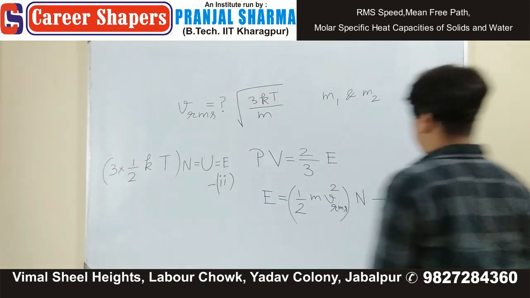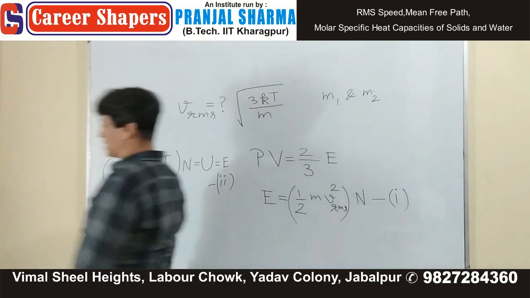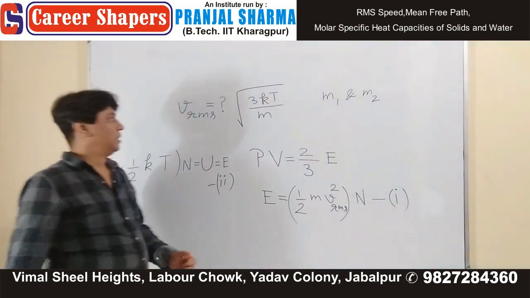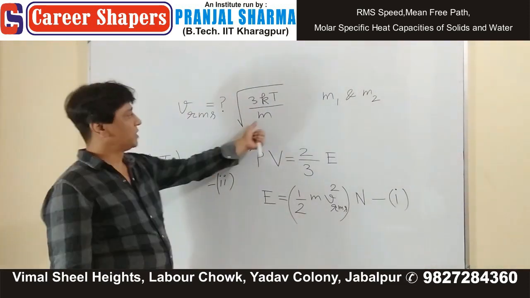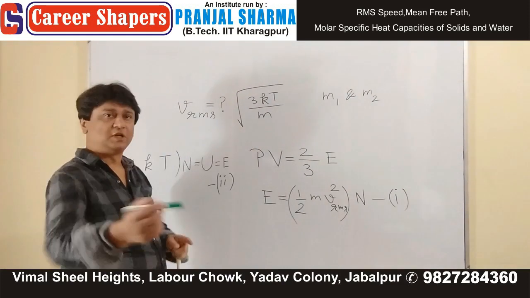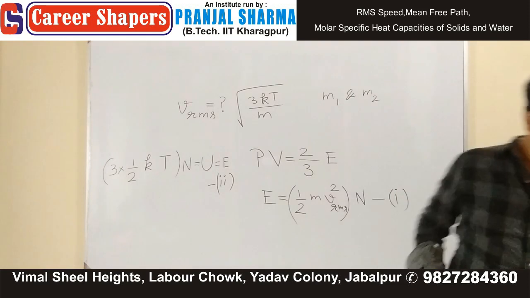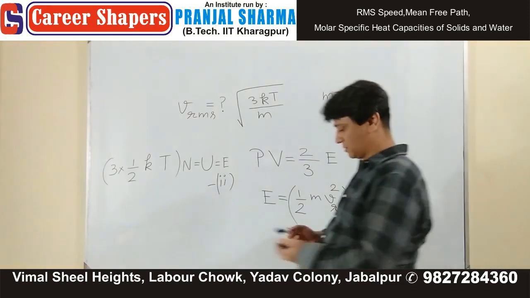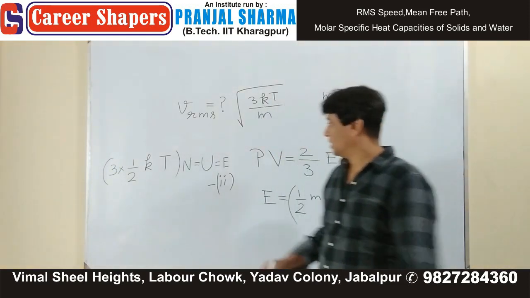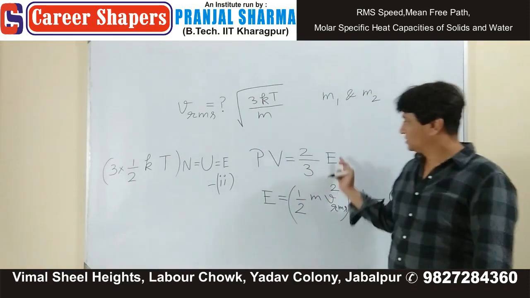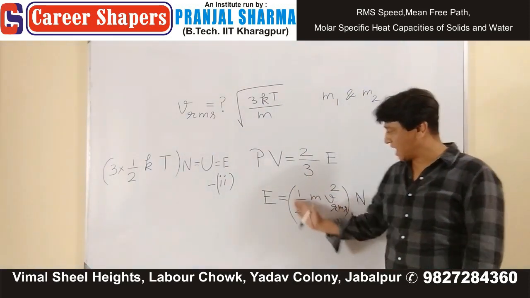Good. Only 3 responses and all 3 are correct. People run here, thinking it's inversely proportional to m and all. But the thing is, look here. This E is kinetic energy.